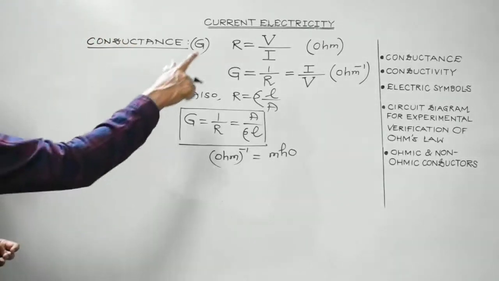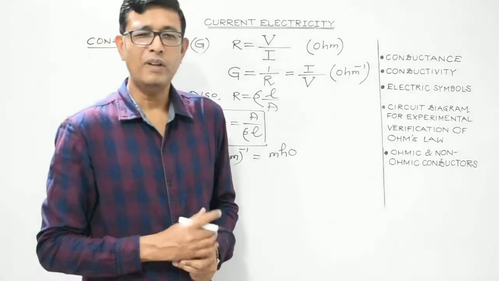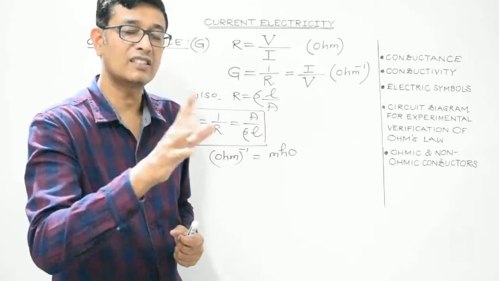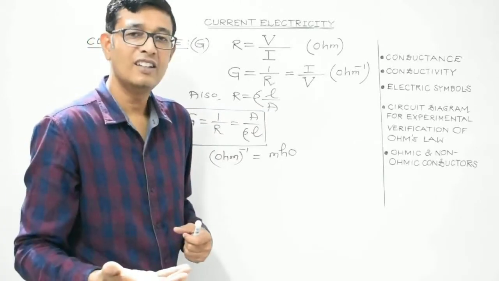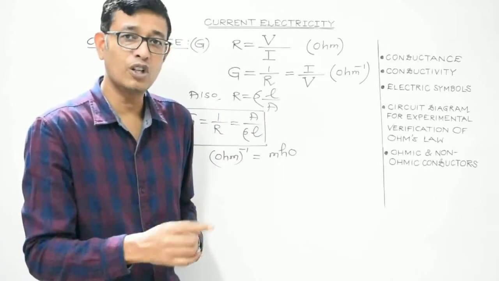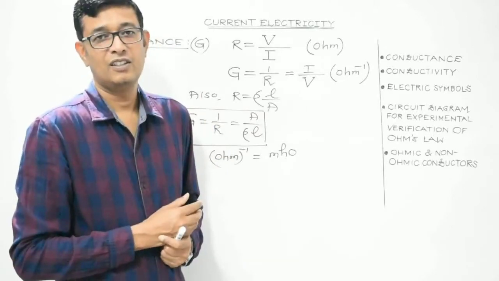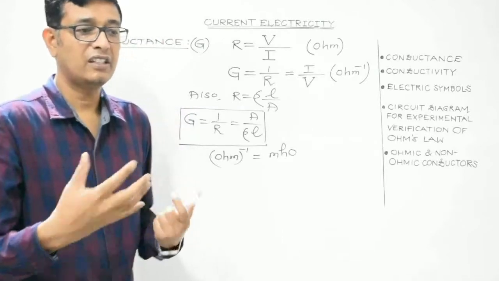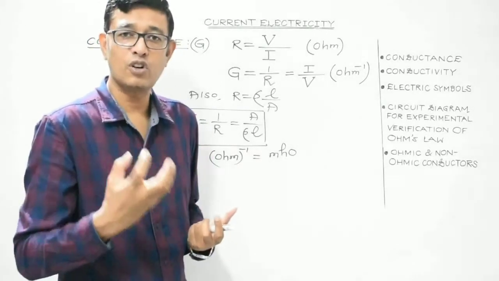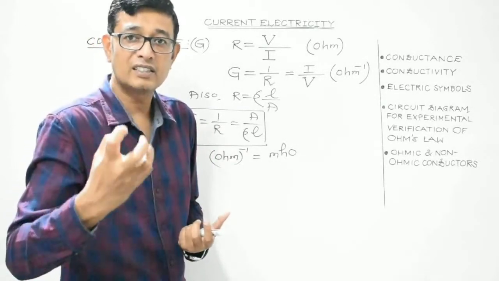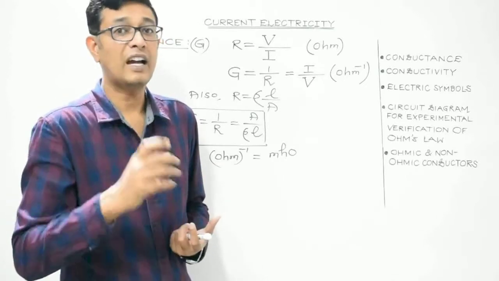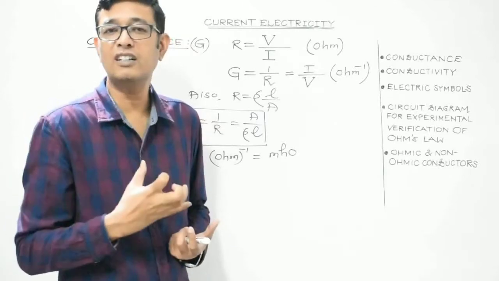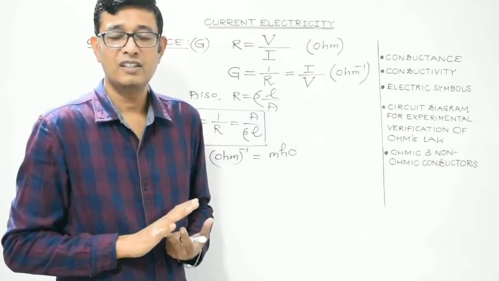Now let's discuss conductivity. Now make use of your common sense. Conductance is the reciprocal of resistance. Therefore, naturally, conductivity will be the reciprocal of resistivity. So we have already discussed about resistivity, right? Resistivity gives the measure of the resistance offered by the conductor, and remember, it only depends upon the nature of material of the conductor and upon temperature.